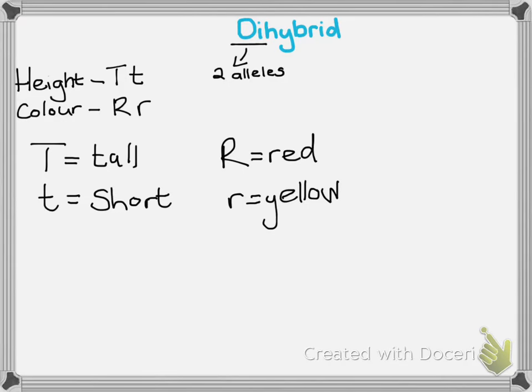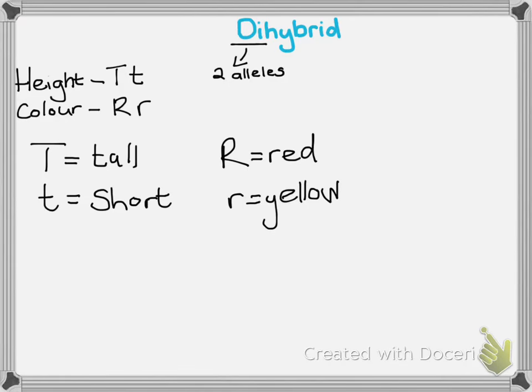This set of lettering is what we're going to use when we do our P1 cross, so our first parental cross. When we do a dihybrid, it's always important to remember that it must have two allele sets. In other words, you must have two different letters appearing. So you must have T and R. So what does that look like?